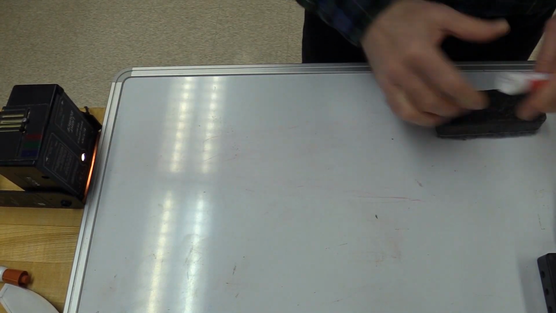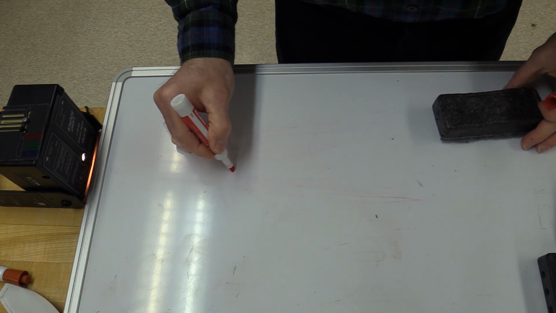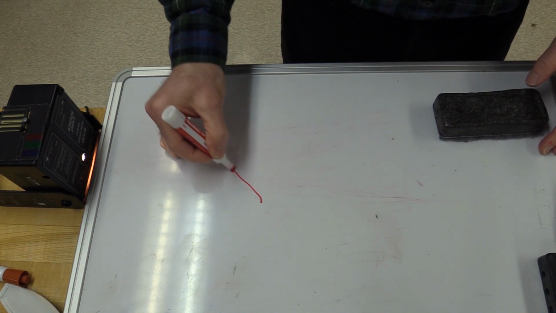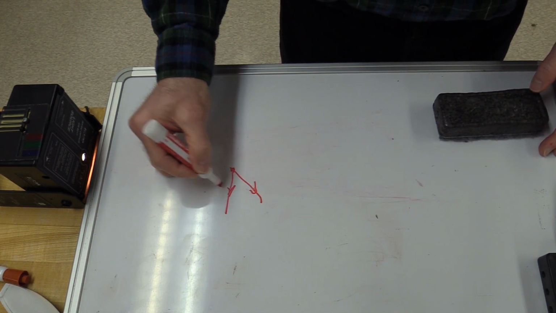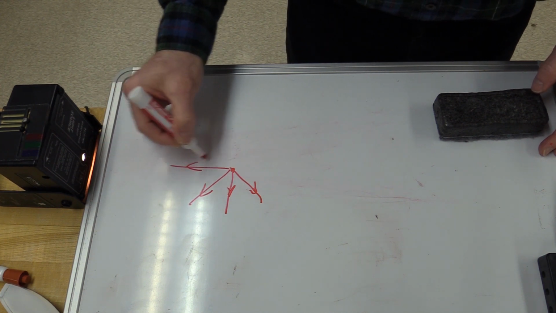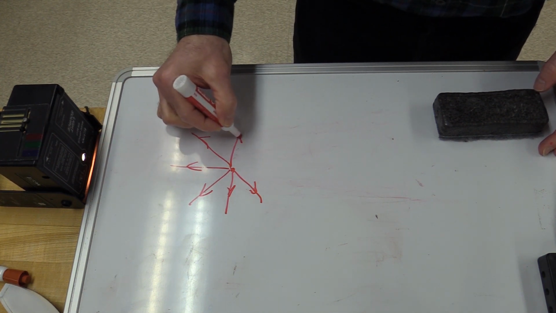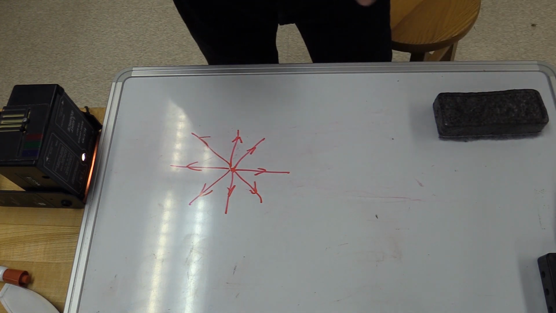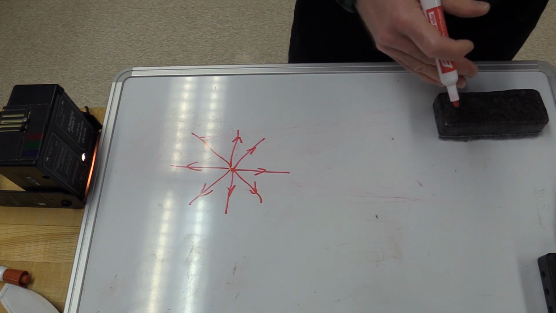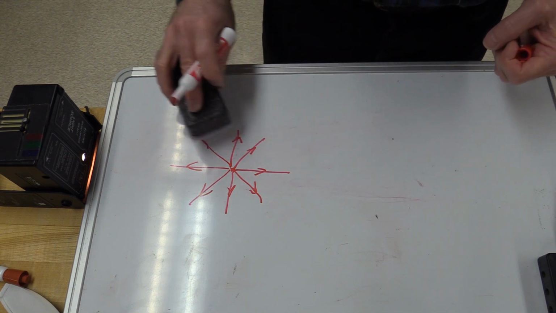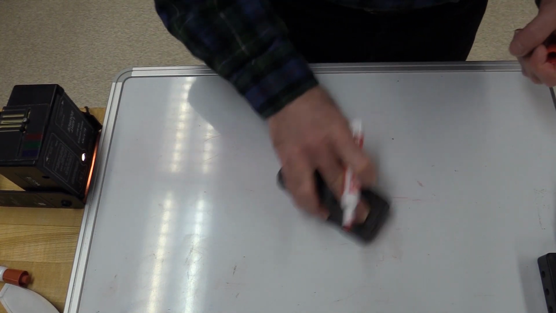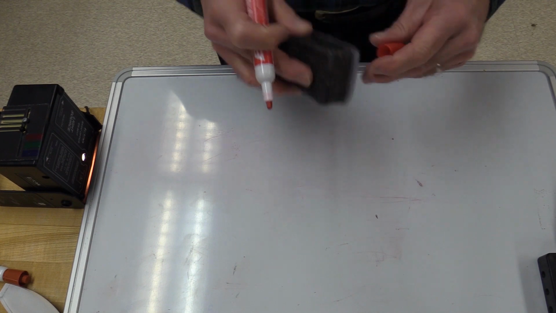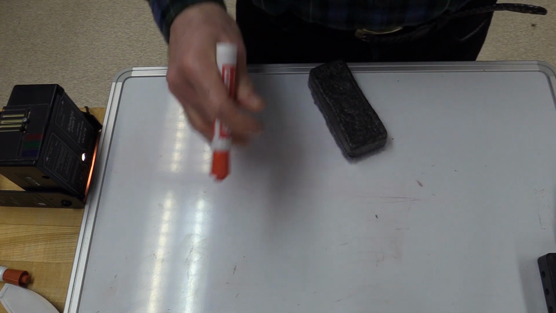If we move our little point source here, we can imagine that there are rays of light coming out from it, going out in all directions like this. So that's an idealization of a kind of source of light, but in practice we can approach that quite closely.